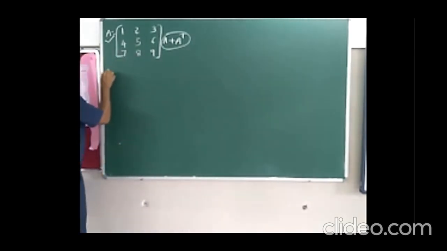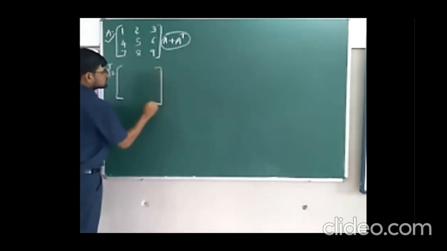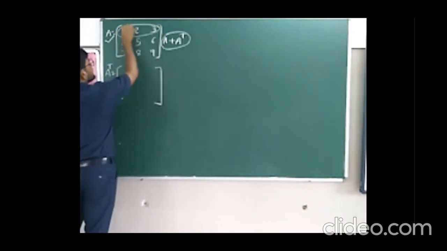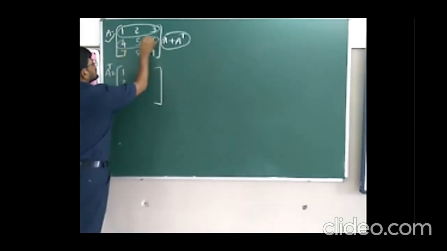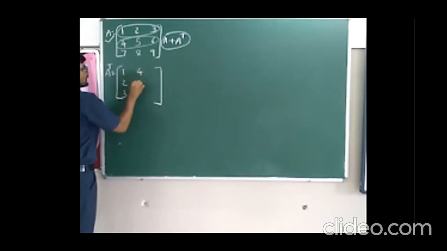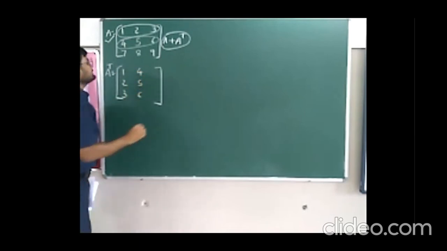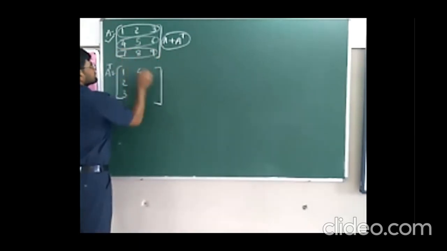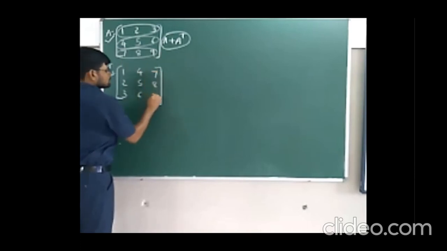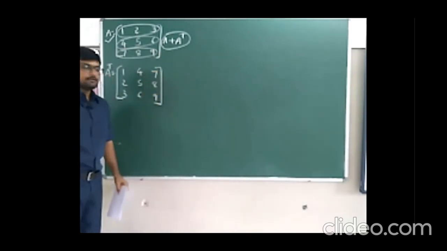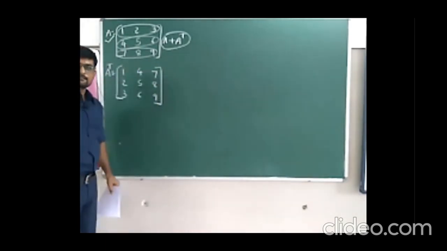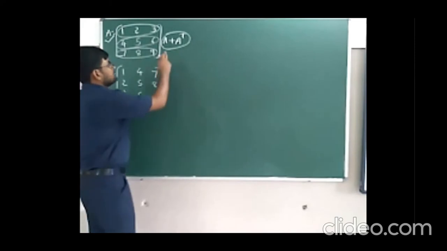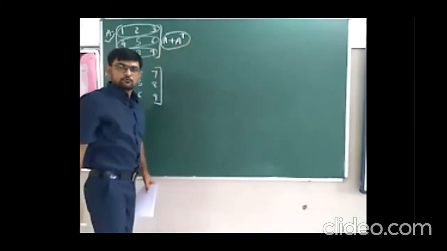So here we will find A transpose. How can we find A transpose? We write the first row into the first column, second row into the second column, and third row into the third column. This is the transpose of the matrix. Now we have to find A plus A transpose.